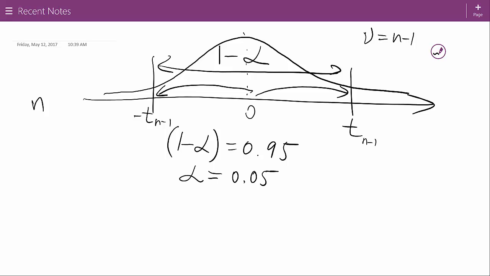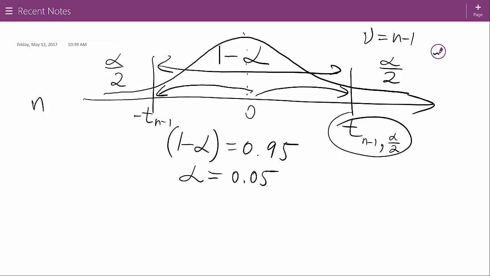That's my significance level, but because I have two tails, right and left, I have to split it in half. So that's going to be significance over 2, and that one is going to be significance over 2. Really what I need to find is the value of t with n minus 1 degrees of freedom which gives me significance level over 2 in the right tail, a small area.